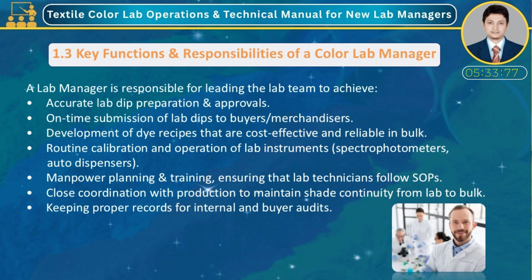The lab manager must ensure that all lab technicians are well trained and strictly follow standard operating procedures. Close coordination with the production team is also essential to maintain shade continuity from lab approval to bulk dyeing. Finally, the lab manager must ensure proper documentation and record keeping, which is critical for internal controls as well as buyer and compliance audits.